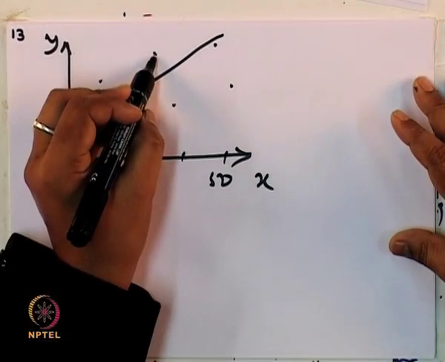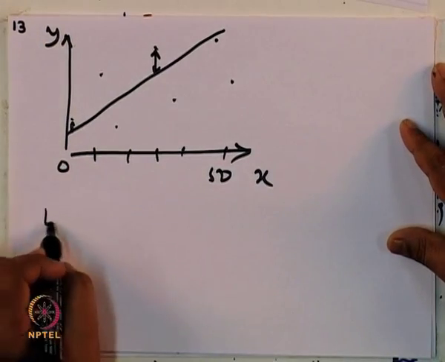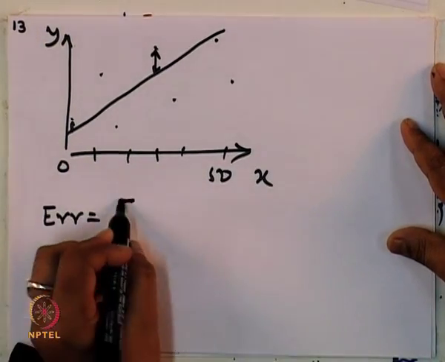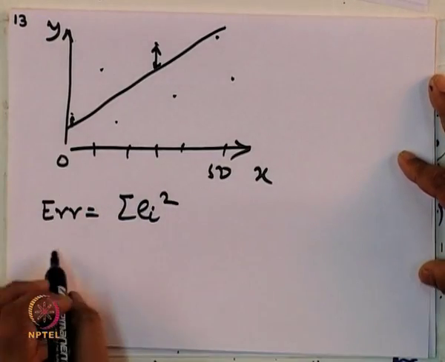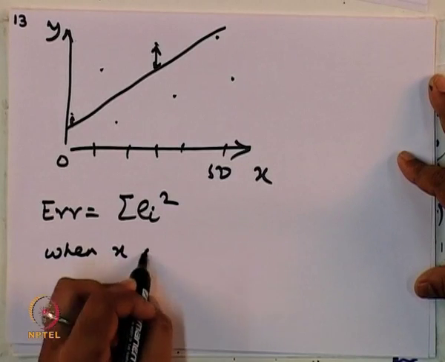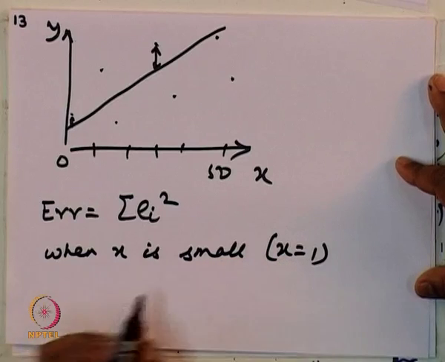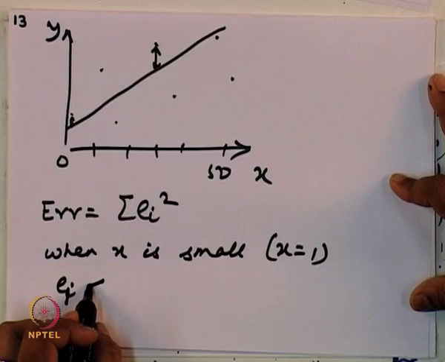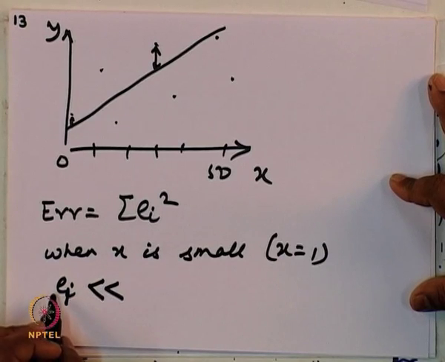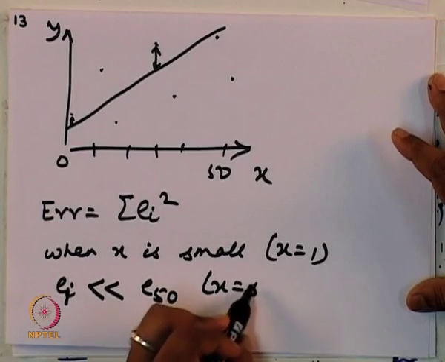So, if you count the magnitude of the error, my total error I define as summation E i square. So, when x is small, say x is equal to 1, my magnitude of error E1 is going to be way insignificant compared to, let us say, E50, that is when x equal to 50.